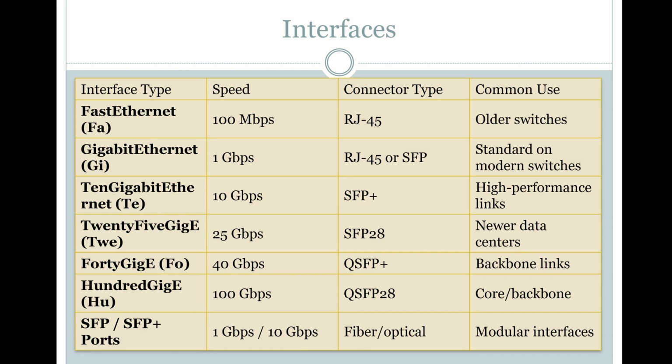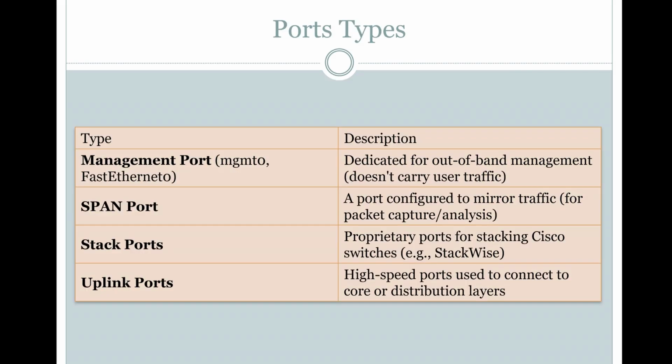Then we have Gigabit Ethernet, which is 1 Gbps, and 10 Gig, which is 10 Gbps. These interface types are on Nexus switches and higher series switches, so we would get this kind of port on those switches. This is all about the interface ports.